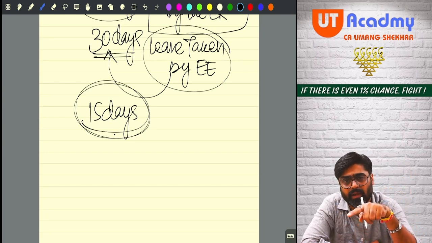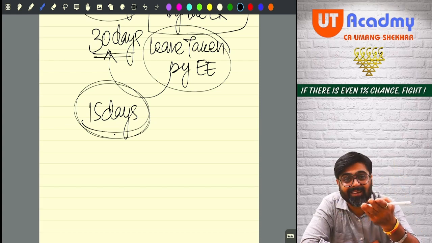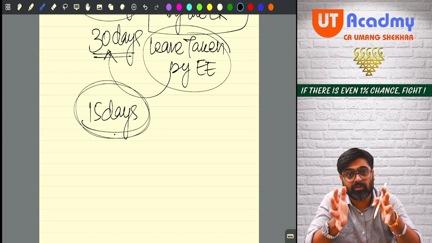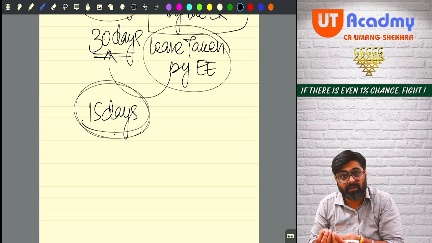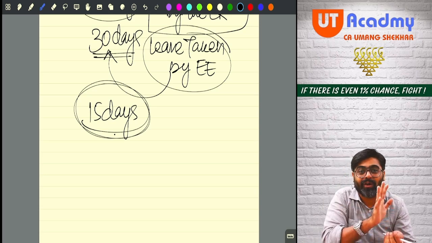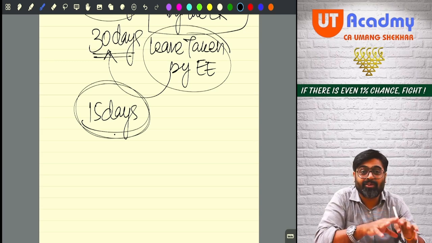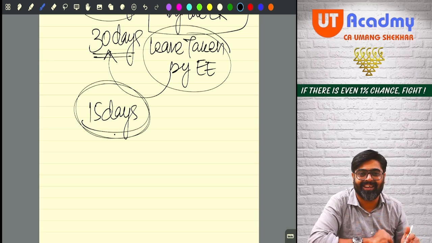Don't you think that will be a very big amount which you will receive at that time? Just imagine accumulated leaves, for that right now you will get 15 days salary based on current year salary. Next year 5 days you saved, for those 5 days you will get 5 days salary on the basis of next year's salary.